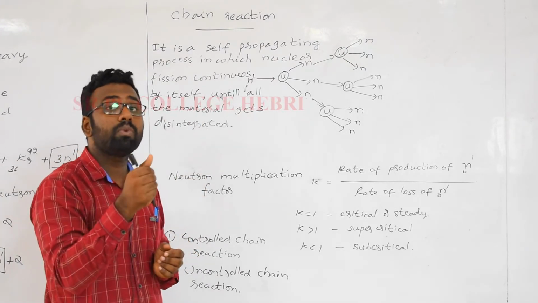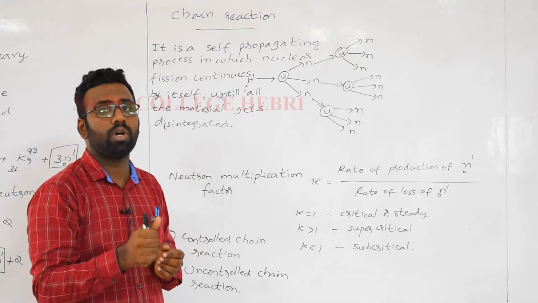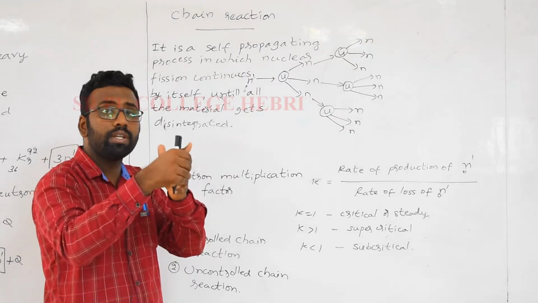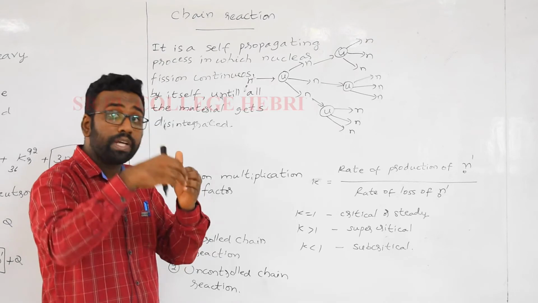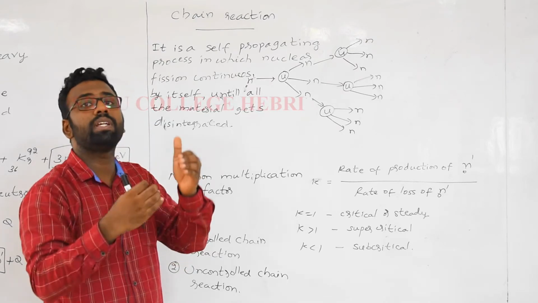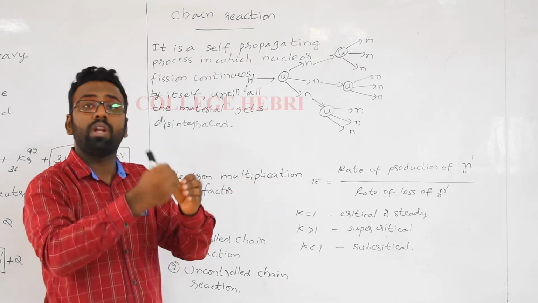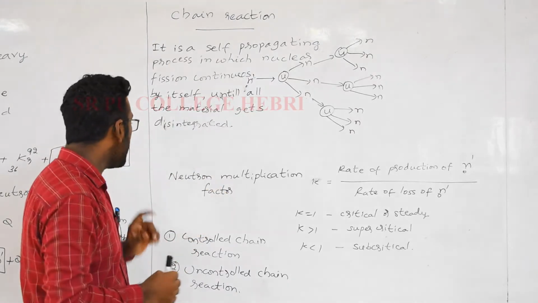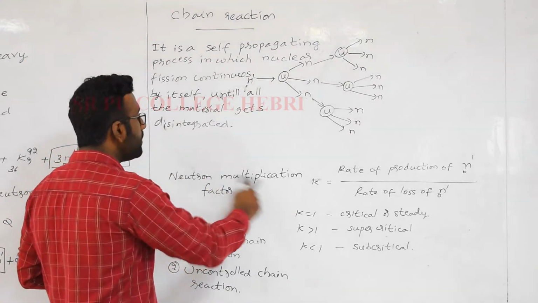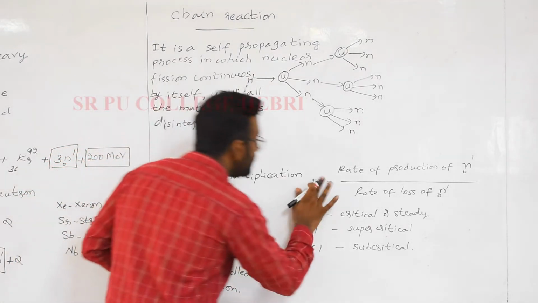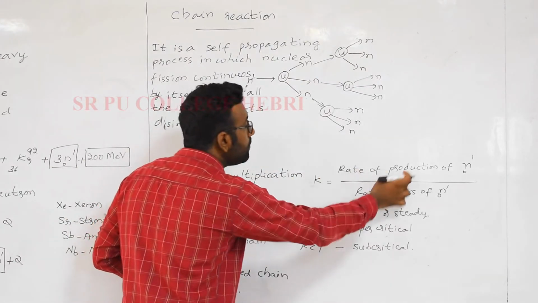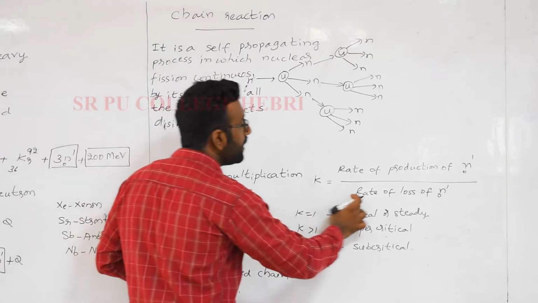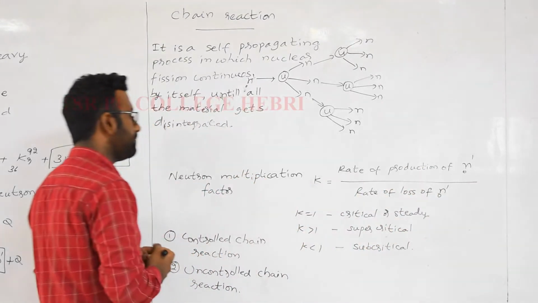Then the fission process is going to stop. So the chain process will not take place when the production of neutrons becomes lesser than the rate of loss of neutrons. So we take a factor called the neutron multiplication factor, denoted by a small letter k. It is equal to the rate of production of neutrons divided by the rate of loss of neutrons.